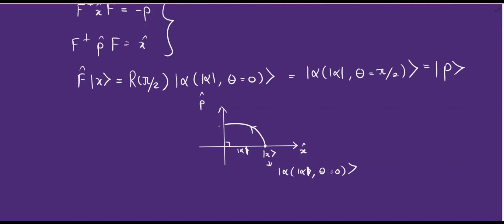It rotates by pi by 2 and places it here on the y-axis. Any ket on the y-axis is a momentum ket in the quantum phase space. So it becomes some p. And if I write it in the coherent state form, then it is equal to |alpha, theta equal to pi by 2>. So that is why it is called a Fourier gate.